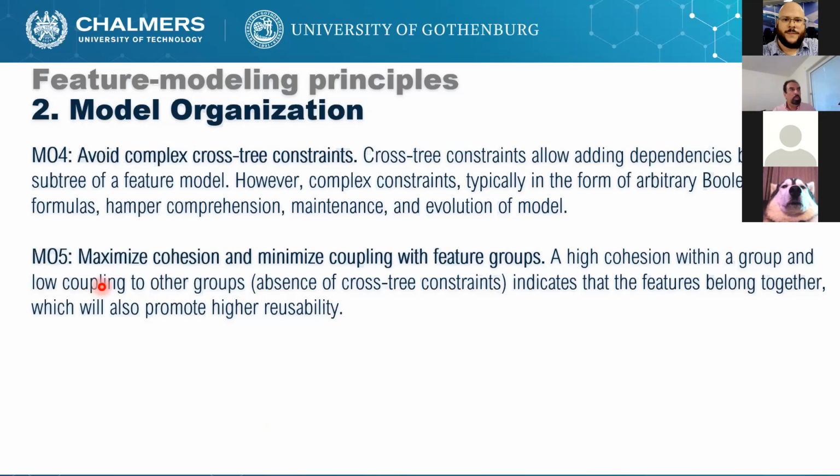The last one here is maximize cohesion and minimize coupling with feature groups. This is related to the upper one, but here maximize cohesion means that features are really of the same class. Features are of the same tribe. Features are interrelated in a sense that they are not strange to each other. They can coexist within one system.